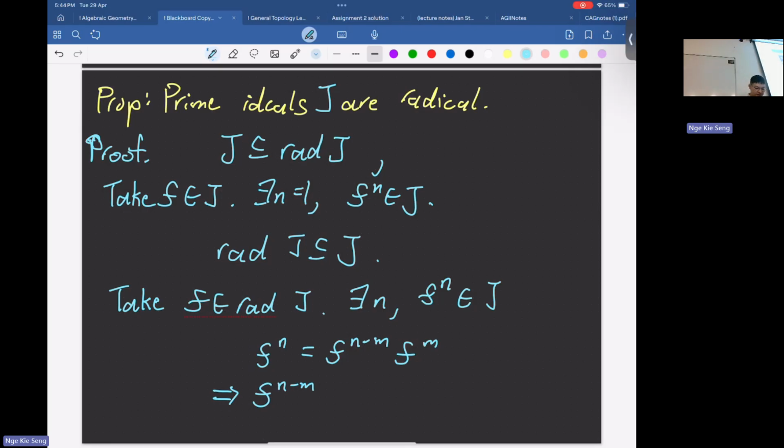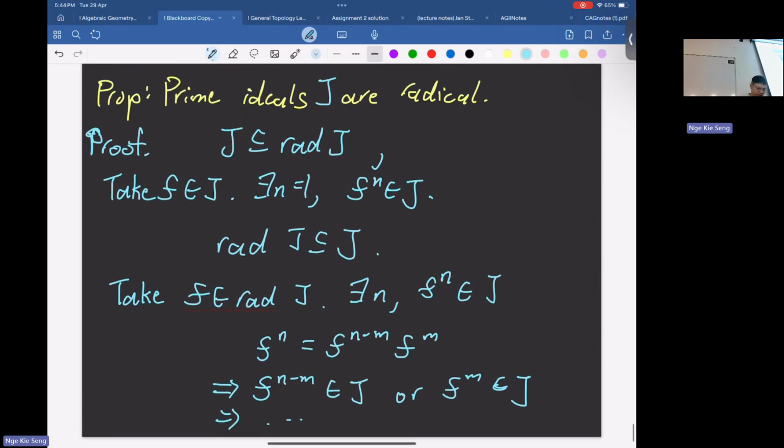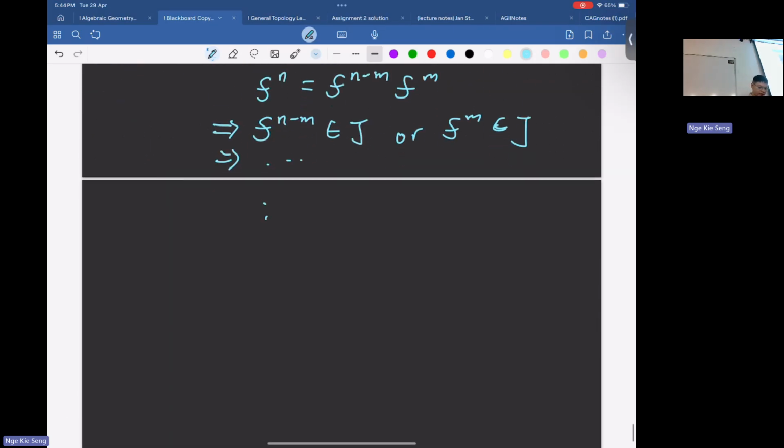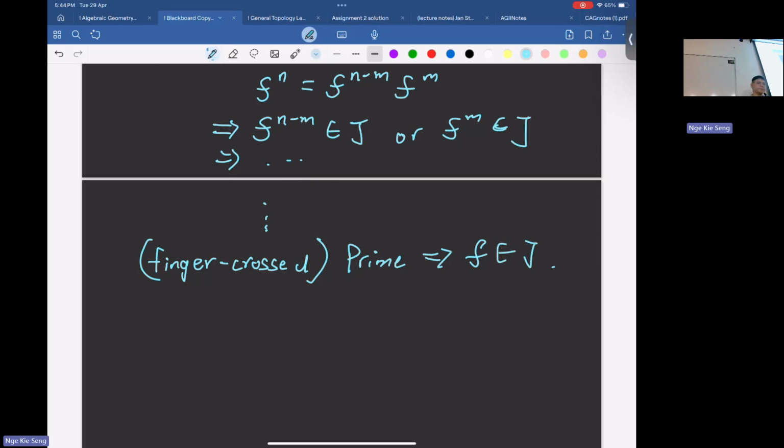We just split. So either fn minus 1 is in J or f is in J. Then you continue with the prime element. In the end, for sure, or fingers crossed, prime will imply that f is in J. For sure you will reach f.